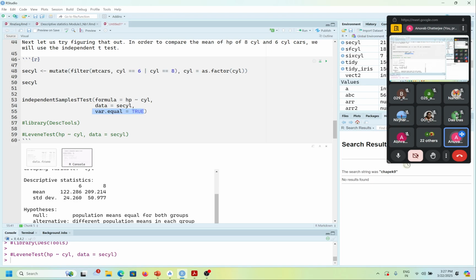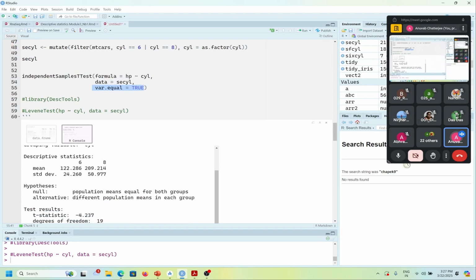Where will it make a problem? Say that in the 8 cylinder data set, only 5 cars had 1000 HP and the rest of them had 100, and that is why the average comes out to 209. Whereas in the 6 cylinder one, there is no such case. Everyone is actually pretty evenly spread out around 122. So the variance is different.